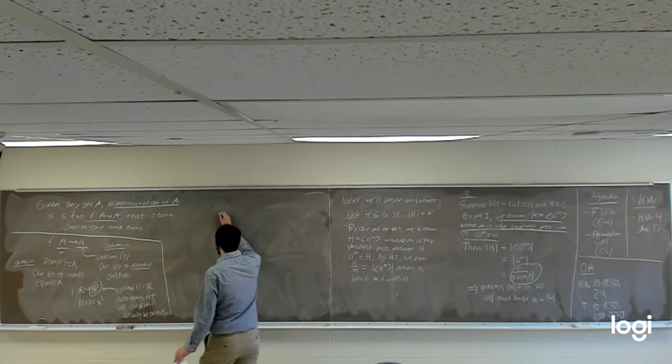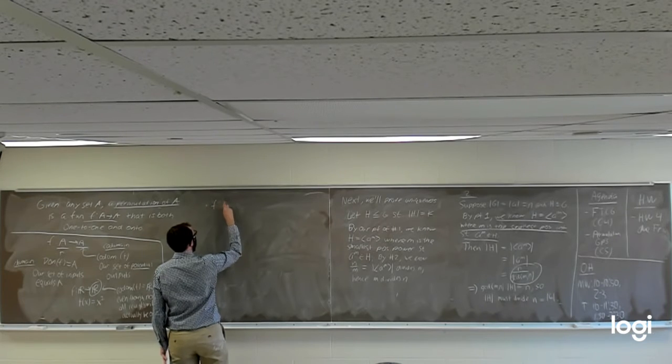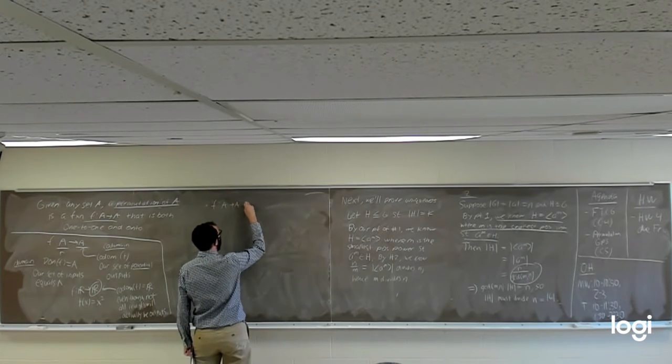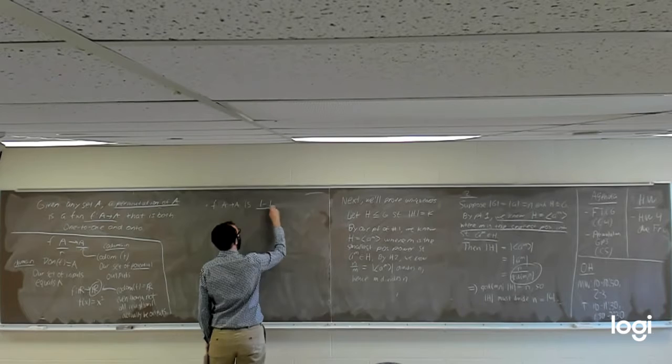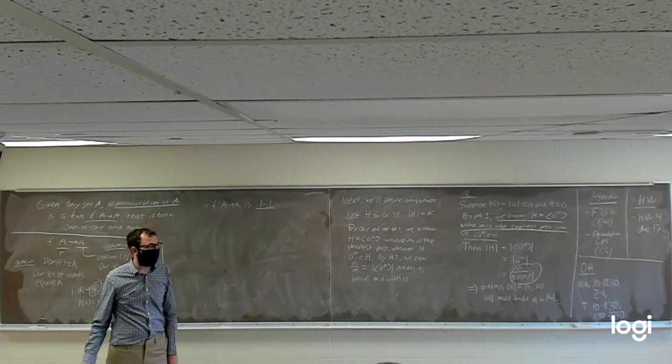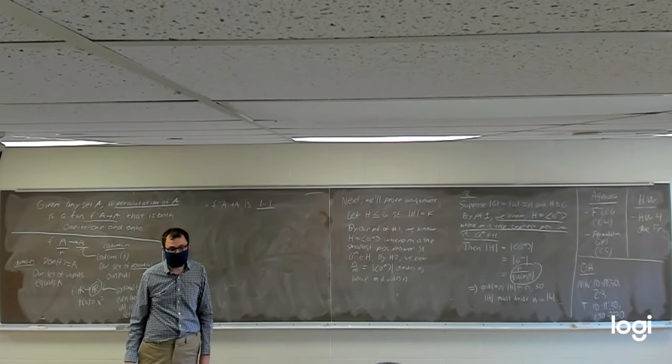But if you haven't, what it means for a function f from A to A to be one-to-one, and I'm lazy, so when I write out one-to-one, I'll just put 1-1.